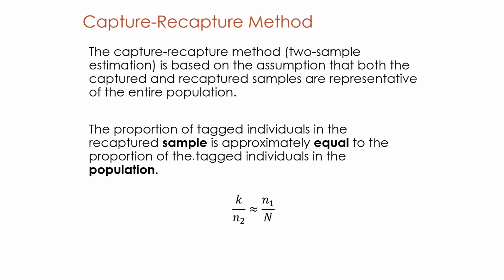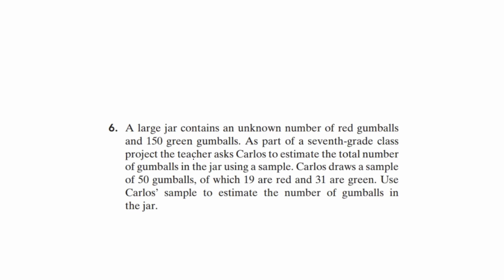Okay. The capture-recapture method two-sample estimation is based on the assumption that both the captured and the recaptured samples are representative of the entire population. The proportion of the tagged individuals in the recapture sample is equal to the proportion of the tagged individuals in the population. So the tag to total ratio should be the same. In the jar, we know that there are 150 green gumballs.